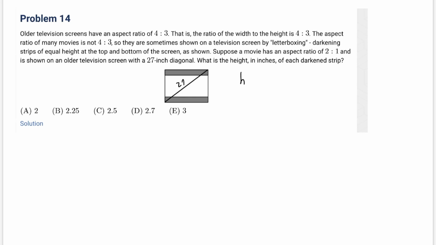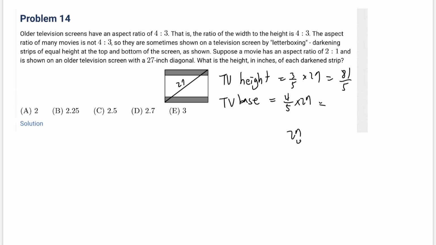That means the height of the TV would be 3/5 times 27, which is 81/5. And then the TV base length would be 4/5 times 27, which is 108/5.